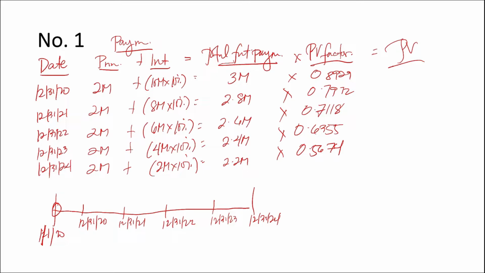Okay. This is the first period, second period, third, fourth, fifth. Papabalikin mo kasi silang lahat pag ganun. Habang lumalayo sa current period natin, lumiliit na rin yung PV factor niya. Gets niya? Okay.